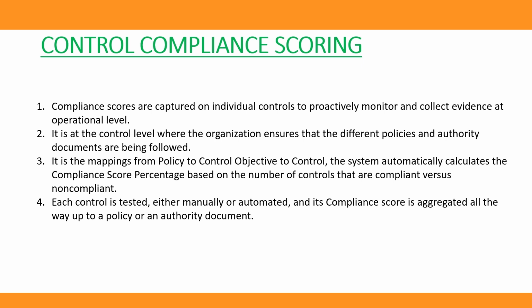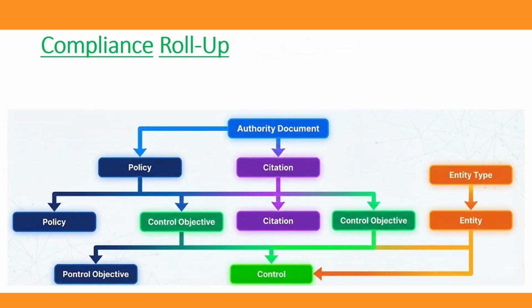So basically, if you want to track whether a policy is being followed properly and what the compliance percentage is, you can understand that with the help of the scoring logic, which I'm going to teach today. It is very important to understand this hierarchy so that you understand how the compliance score rolls up to the policy level or the authority document level, right?